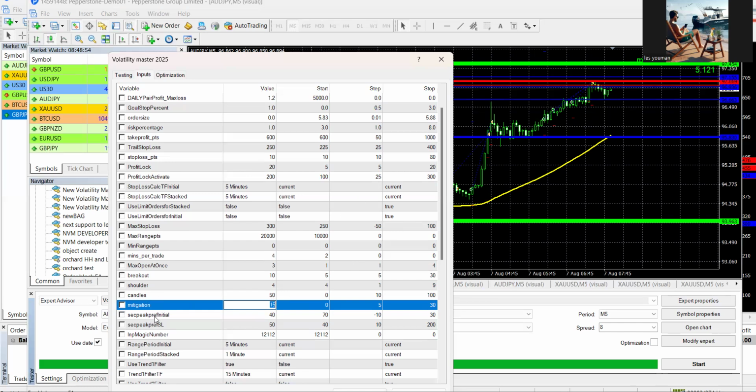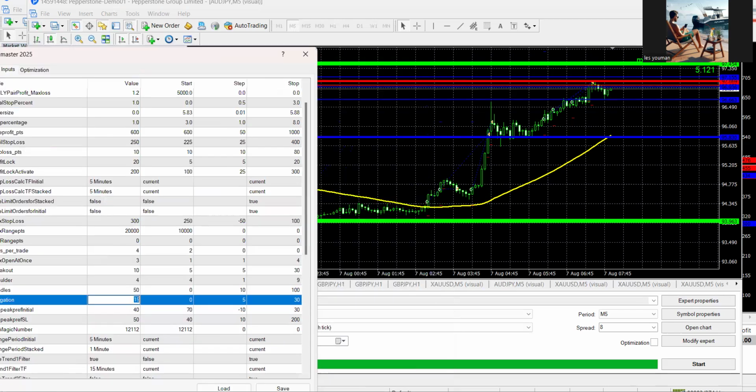Second peak preference, and this is just dealing with the initial trade. What that does is, if you think about how it's identified, it would identify this as a peak, this as a peak, and this one as a peak.